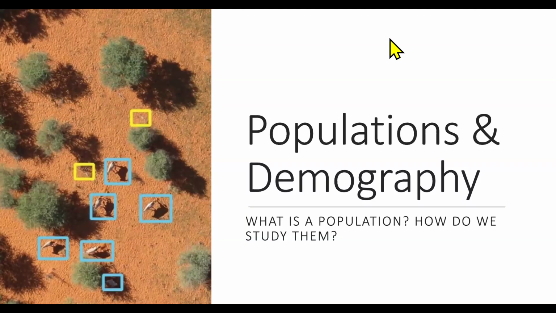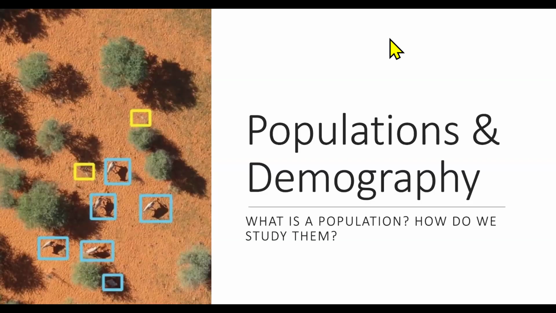Real quickly, just looking at the image here, it's an aerial photo. And it's an example of how we can use that kind of technology from a drone taking pictures. Then we can use them and identify large herbivores like the animals in this image shown in the blue boxes. So we can count that there's 5 of these animals in our picture.